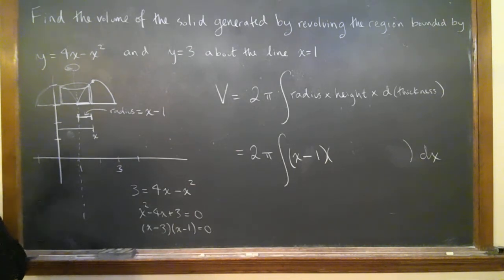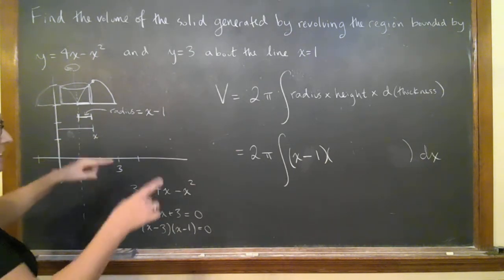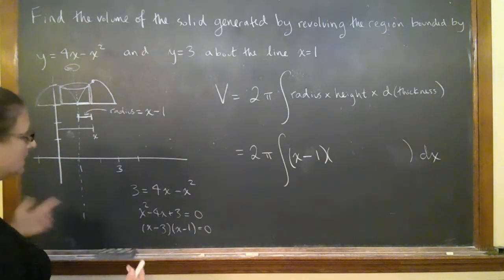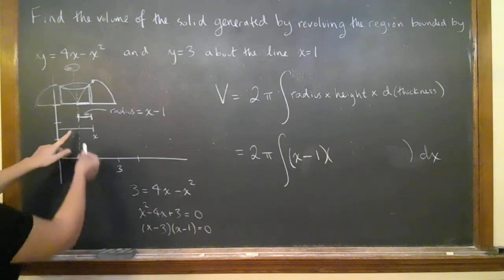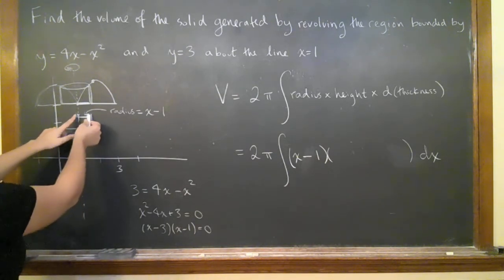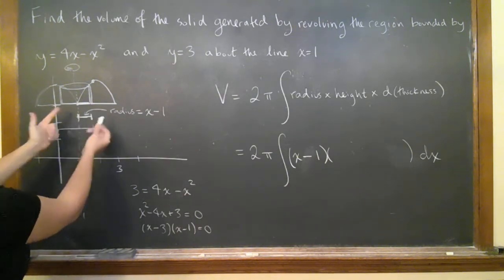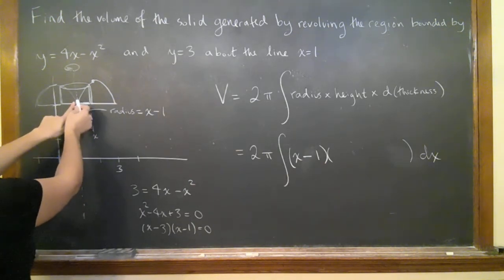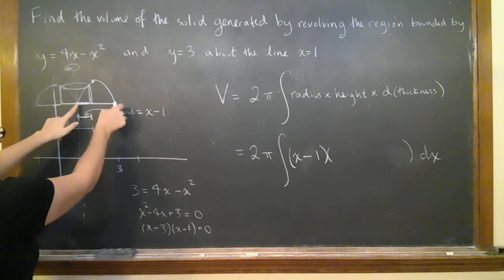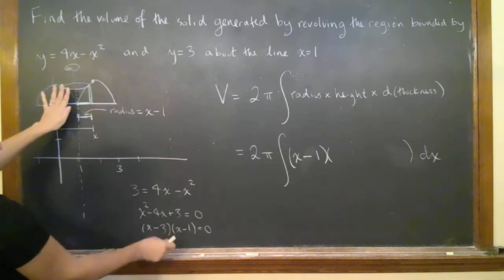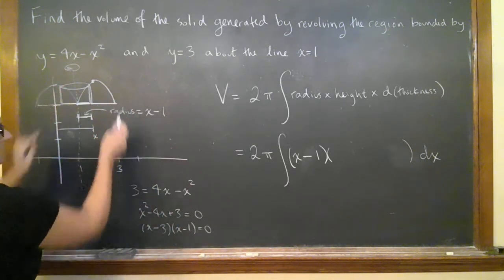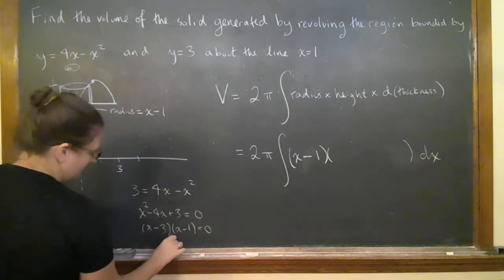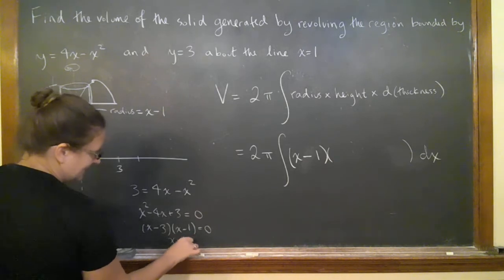Let's see. So I've got radius, I've got thickness. You can even think about it this way: my x values are going to go from 1 to 3, because those are the points that I solved for.